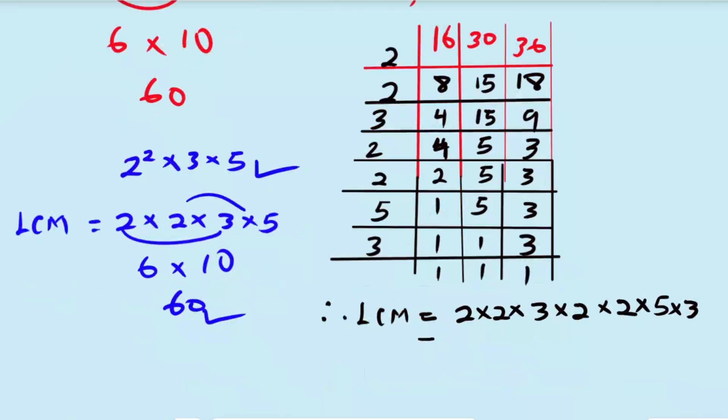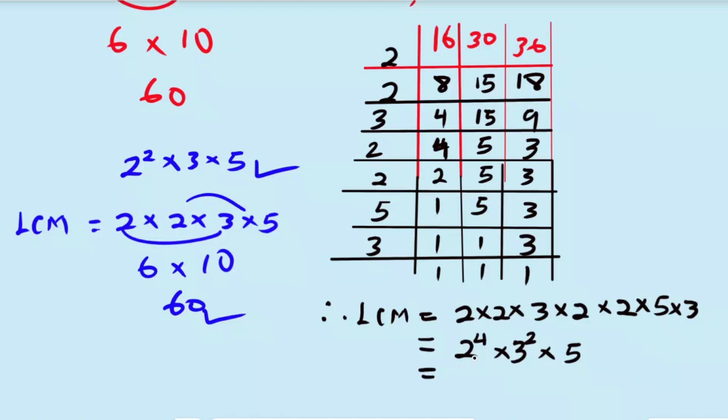So like I said initially, you can leave your answer as, let's simplify this one. So that's going to be 2 exponent, we have how many 2's here? 1, 2, 3, 4. 2 exponent 4 times 3. We have how many 3's? We have 2. 3 exponent 2 times 5. So that is another way of writing the answer.